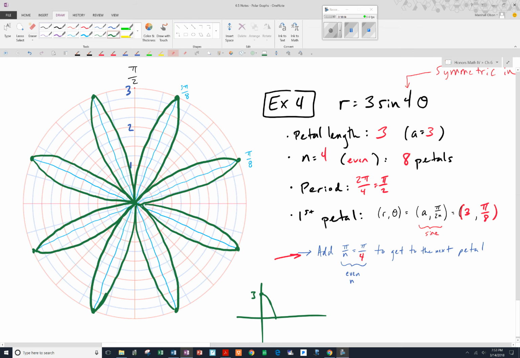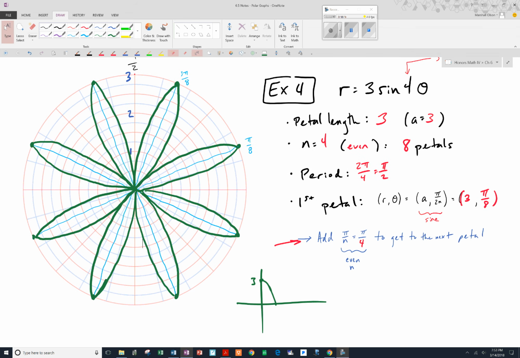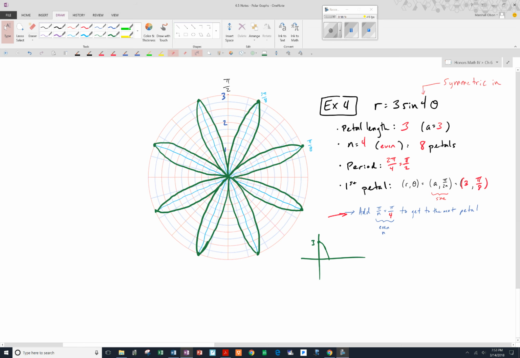And there we go. 8 petals, symmetric in both the x and y axis, and a petal length of 3. So that is our final rose graph example.